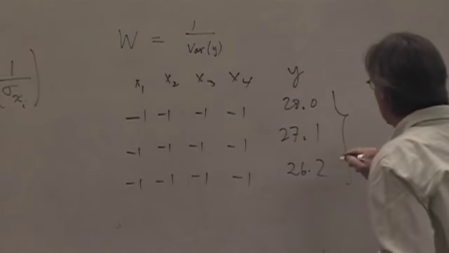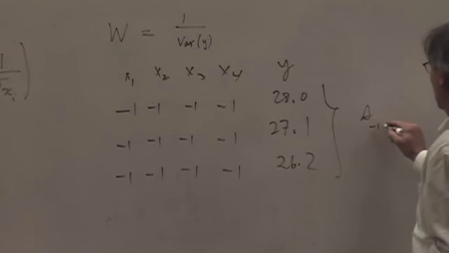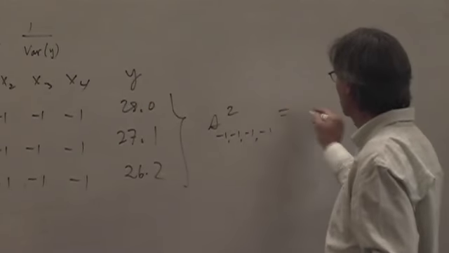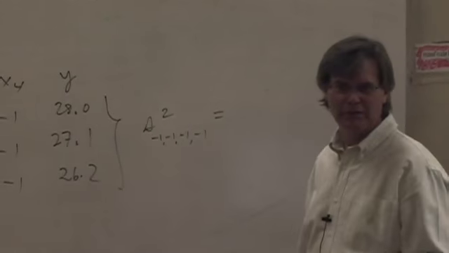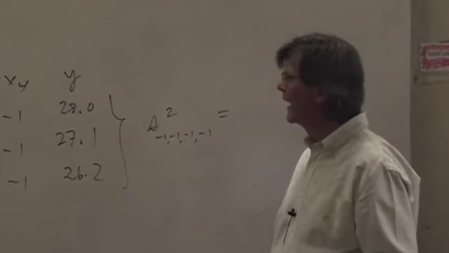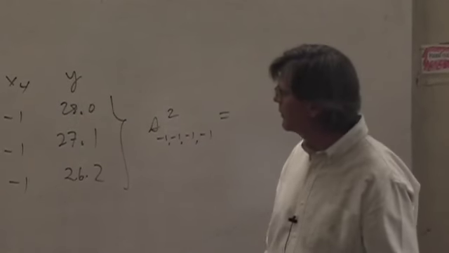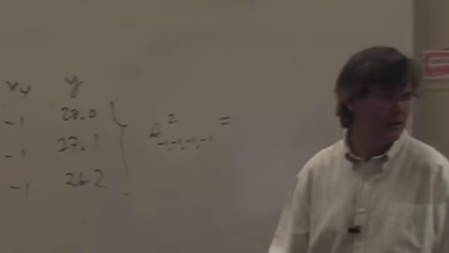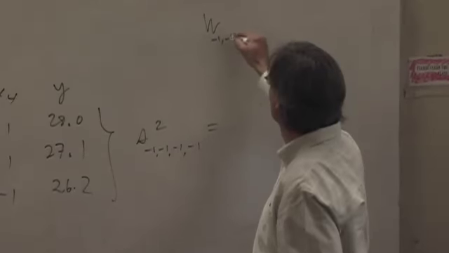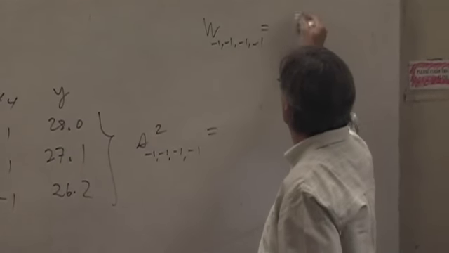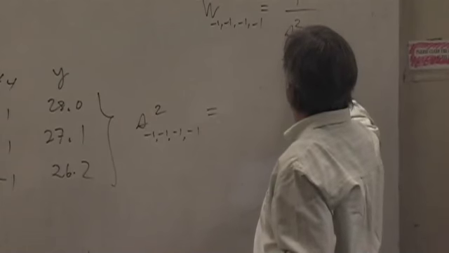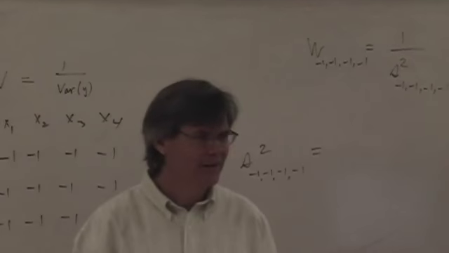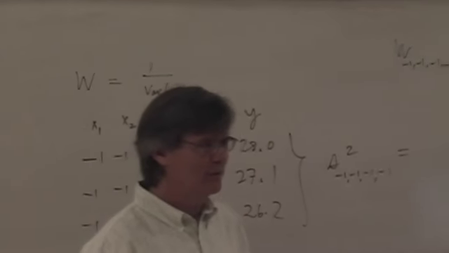These are going to give you a sample variance S squared, and that's my reciprocal weight. So W equals 1 over S squared. I don't need a formula. It is a function of all 4 variables.